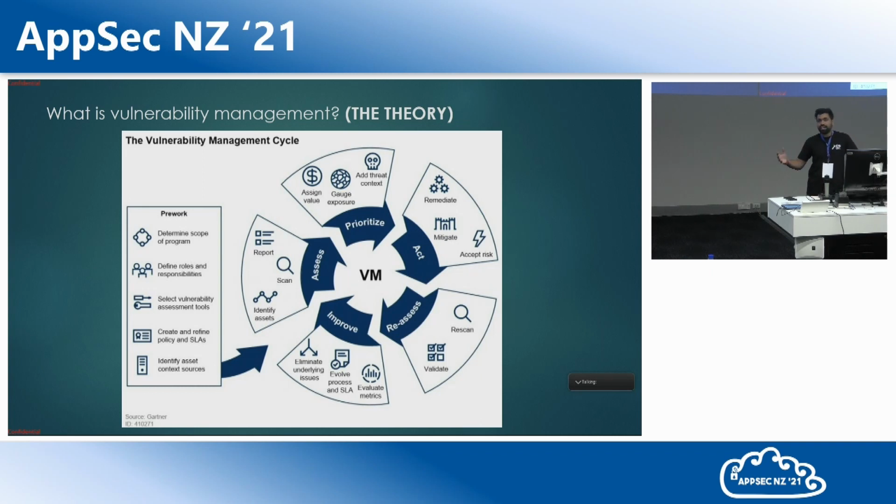We retest the same endpoints or services, looking for the same vulnerability, making sure that after applying the mitigation steps, those vulnerabilities are not there anymore. And lastly, we have the improvement process. We can use all the data made available to us during the first few steps and use it to improve our processes, SLAs, and for future reference.